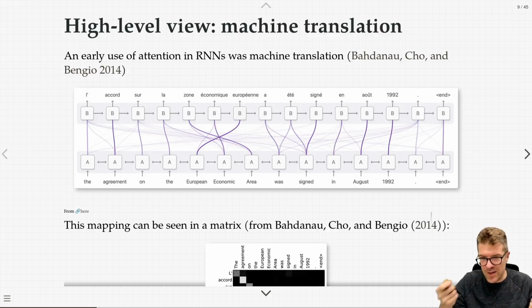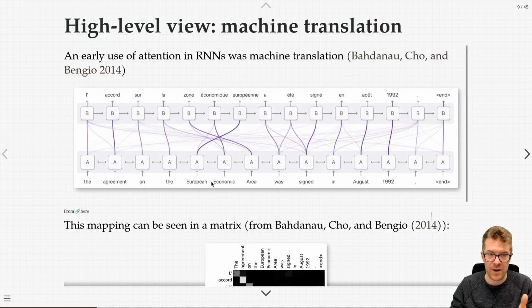So it's not just a lookup table. We read an English word, we look it up in a table and produce a French word. It's way too simple. But there are connections. And again, over here, European economic area gets translated as a phrase into zone économique européenne. And you can see there are connections over here between European and Européenne. Area and zone have a very strong connection relative to other words.